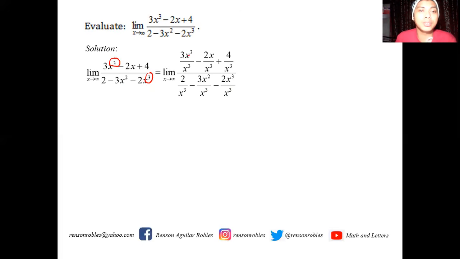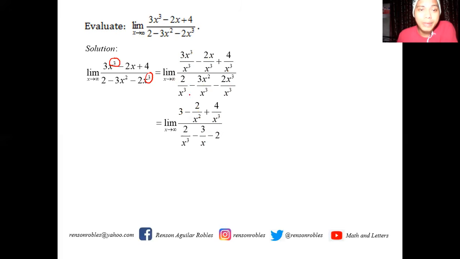So this is what will happen. Limit of 3x cubed over x cubed minus 2x over x cubed plus 4 over x cubed all over 2 over x cubed minus 3x squared over x cubed minus 2x cubed over x cubed as x approaches infinity. Simplifying this algebraically, 3x cubed over x cubed is equal to 3, then minus 2 over x squared, plus 4 over x cubed.